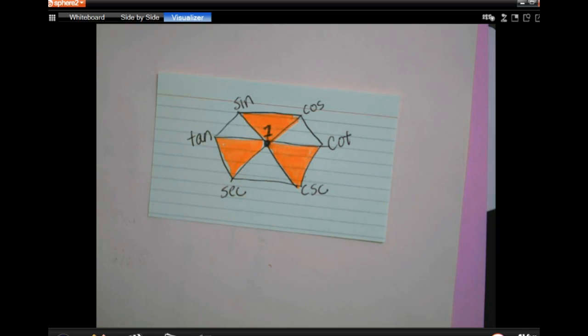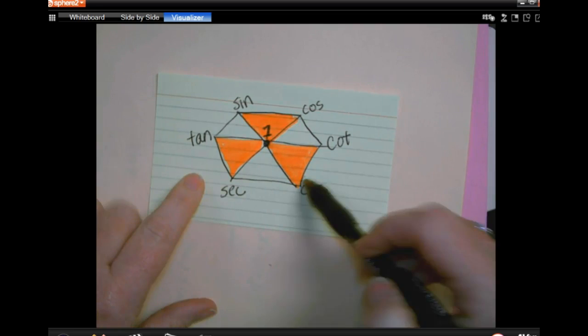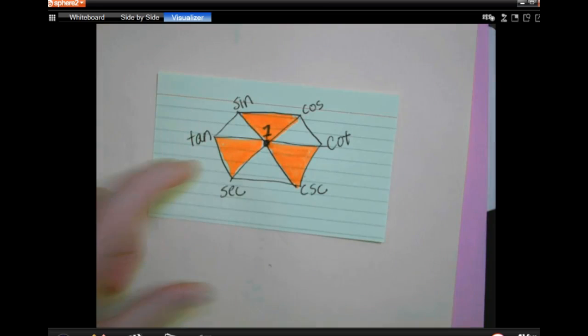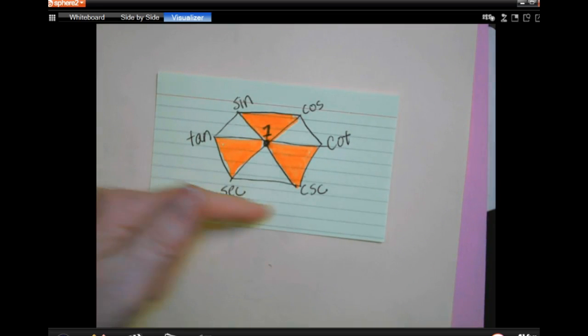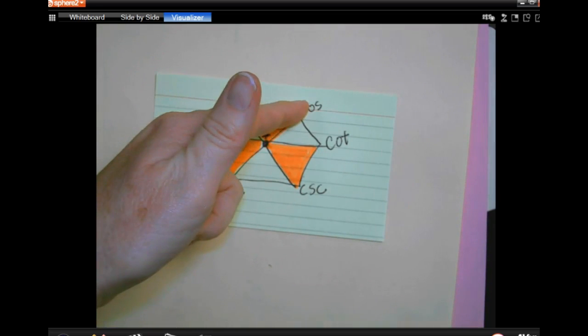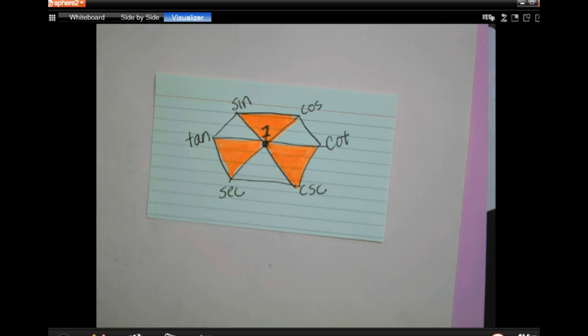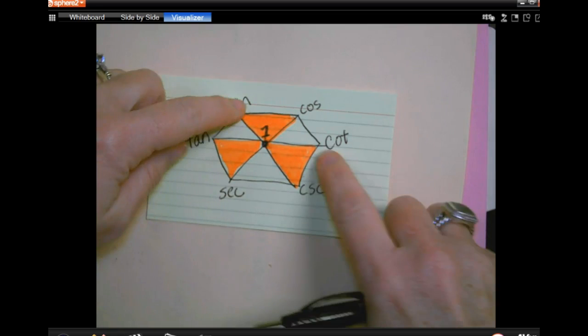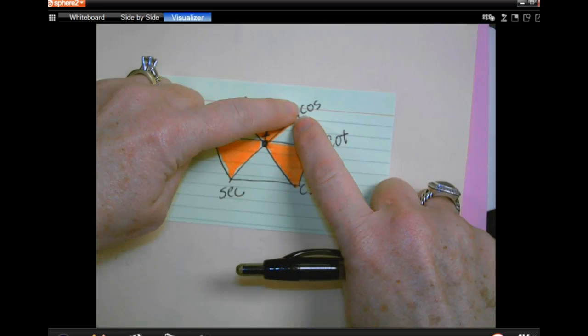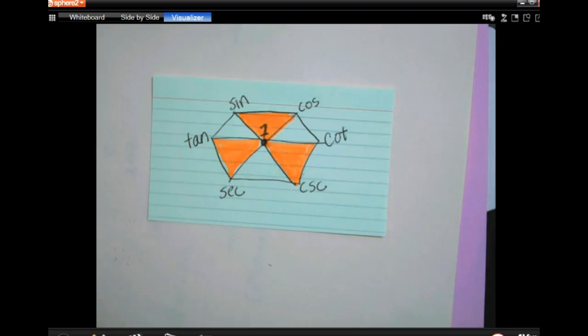Cosecant is equal to secant divided by tangent, because that's on the outside, right? And then if we go backwards, cosecant is equal to cotangent divided by cosine. So it's division on the outside. When they come together, that's multiply. So sine times cotangent is cosine. Around the outside is divide.